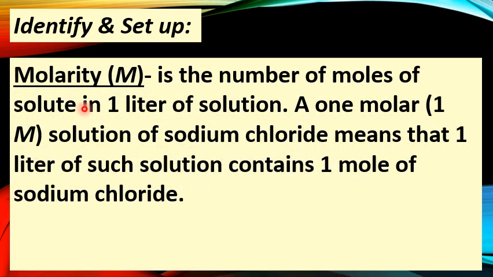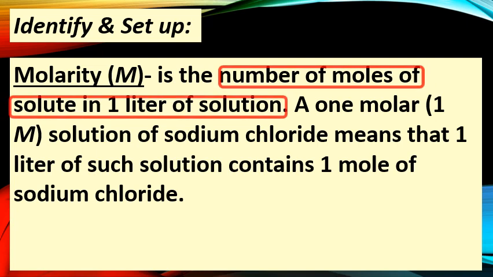When we say molarity, we mean the number of moles of solute in 1 liter of the solution. For example, when you put 1 mole of sodium chloride, that is about 58.4 grams, in a big calibrated container, then you carefully add enough water until the volume of the mixture or solution is exactly 1 liter.